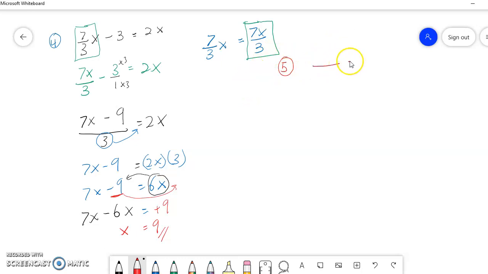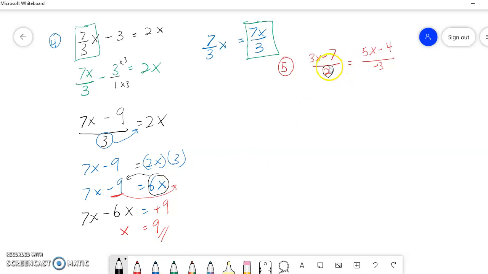Okay, question number 5. Now let's say we have 3x minus 7 over 2, and here we have 5x minus 4, which I make over negative 3. For this question we have to cross multiply.